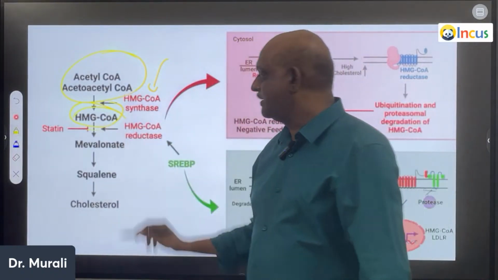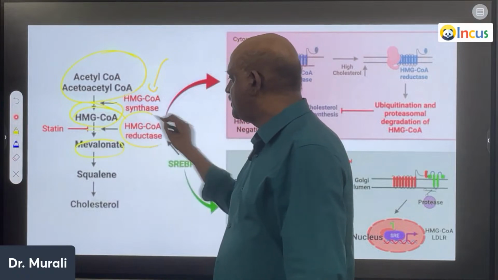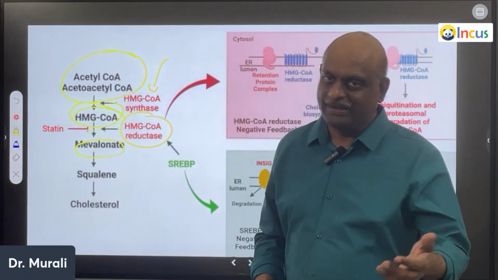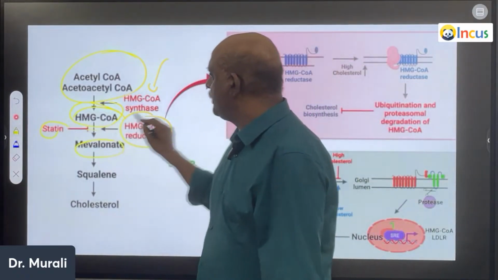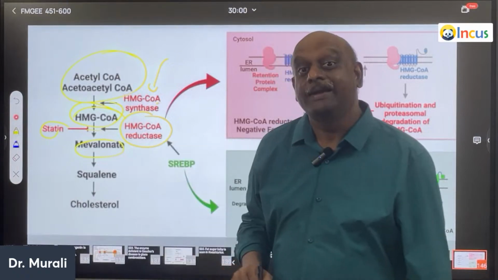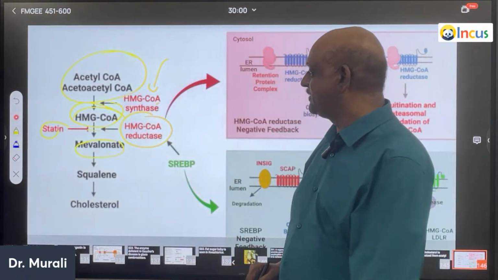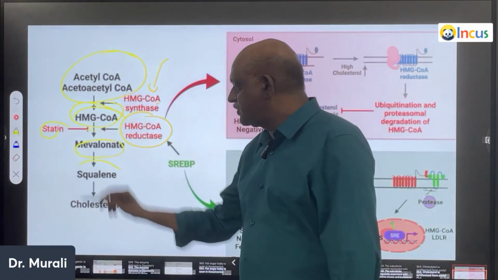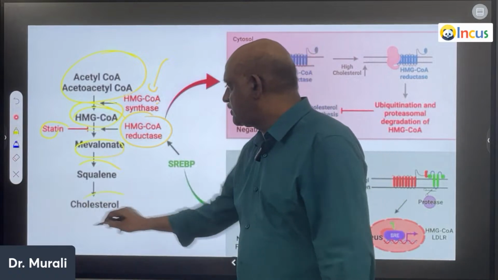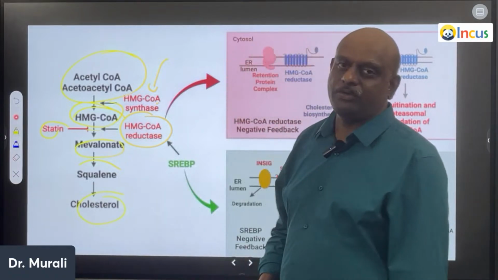HMG-CoA becomes mevalonate by the action of HMG-CoA reductase. So fundamentally, your statins don't act on synthase; they act on reductase. Please don't forget. Mevalonate becomes squalene, squalene becomes cholesterol, is what you have to remember.